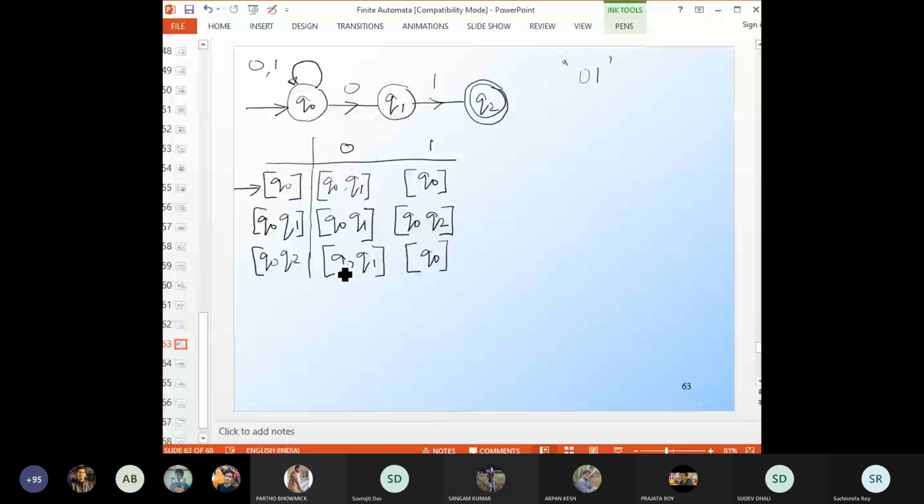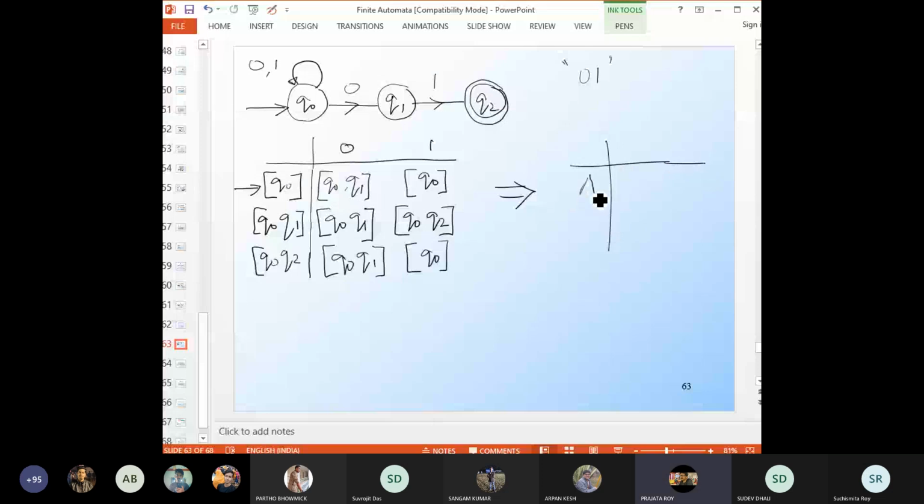So this row is a replication of the first row of only Q0. Now this is the transition function, and to simplify this we can put logical names to these subsets. Suppose this we call A, this we call B, this we call C. So we can draw the transition table again.